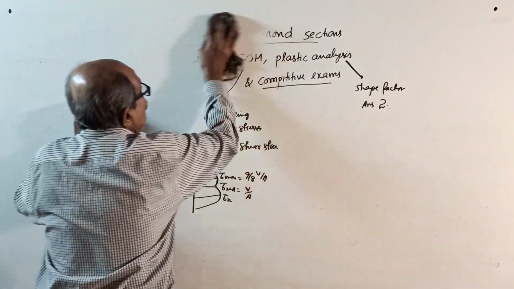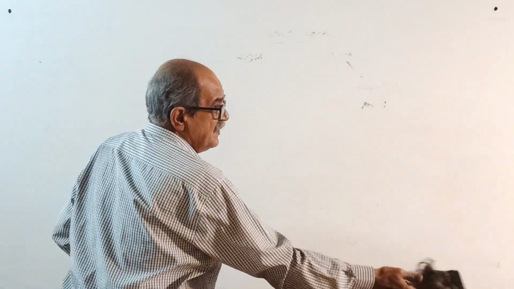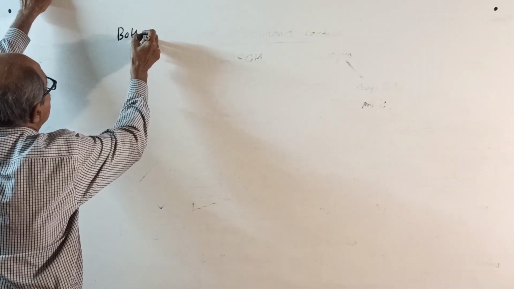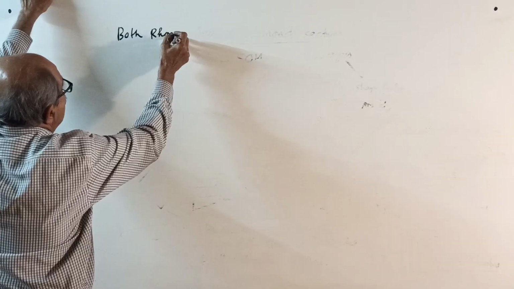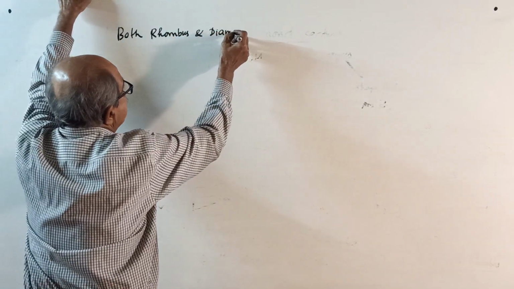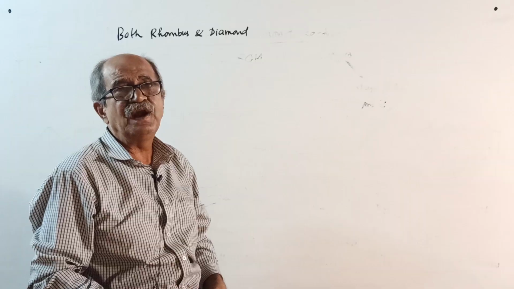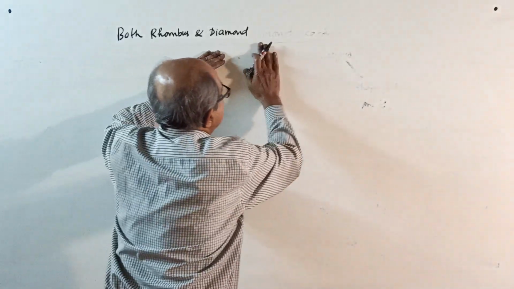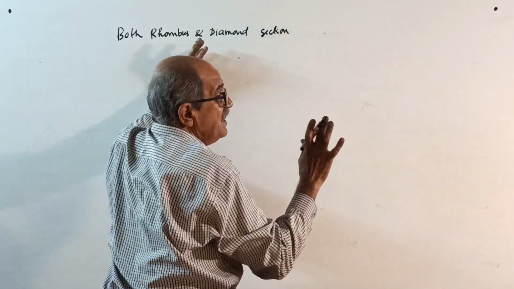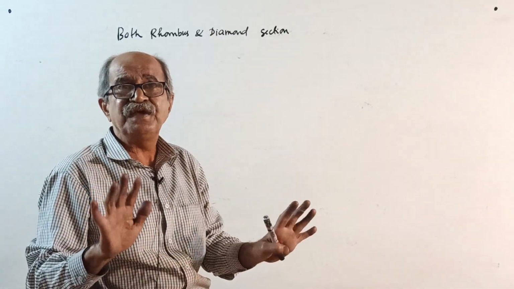First of all, remember, I don't have to tell much about it. What is a rhombus and diamond section? The diamond is not the diamond you get in the market, not that one. I use the word sections because in engineering mechanics it is area, but in strength of materials it is section.